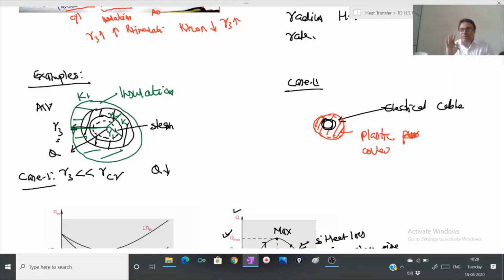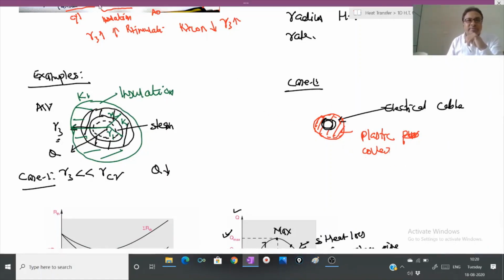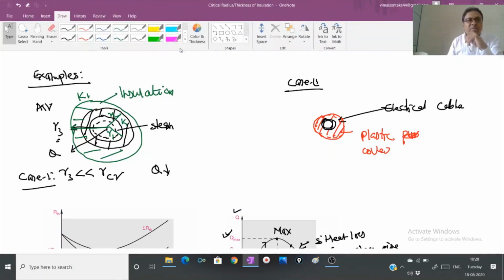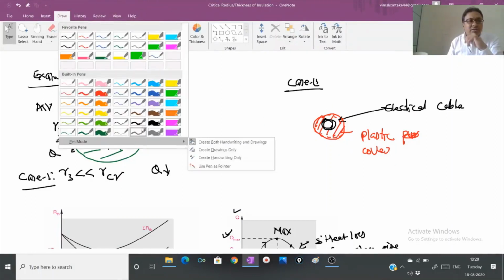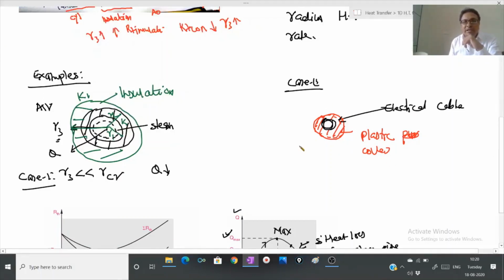That is the primary purpose of these plastic covers provided over electrical cables. But what is happening? Electrical cables are of cylindrical shape, and if I provide the insulating material in the form of a plastic cover, it may increase or decrease the heat transfer rate from the electrical cable.